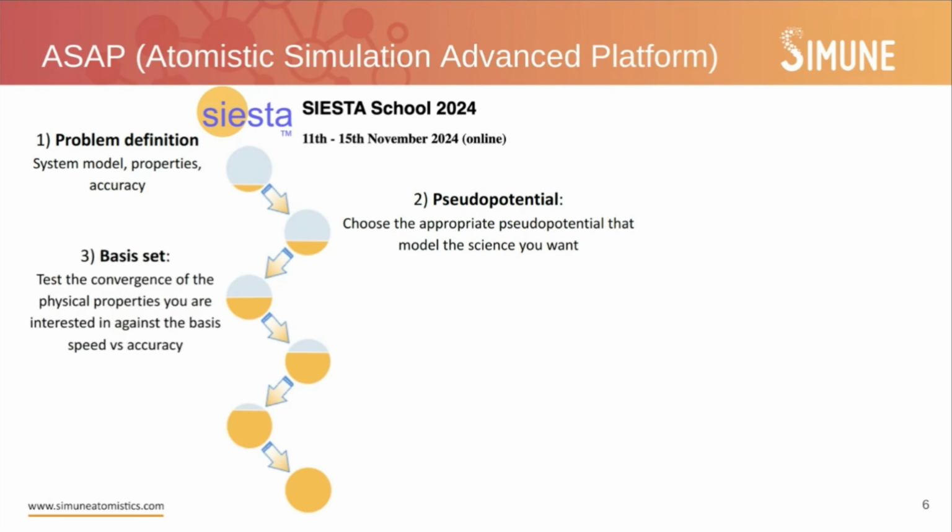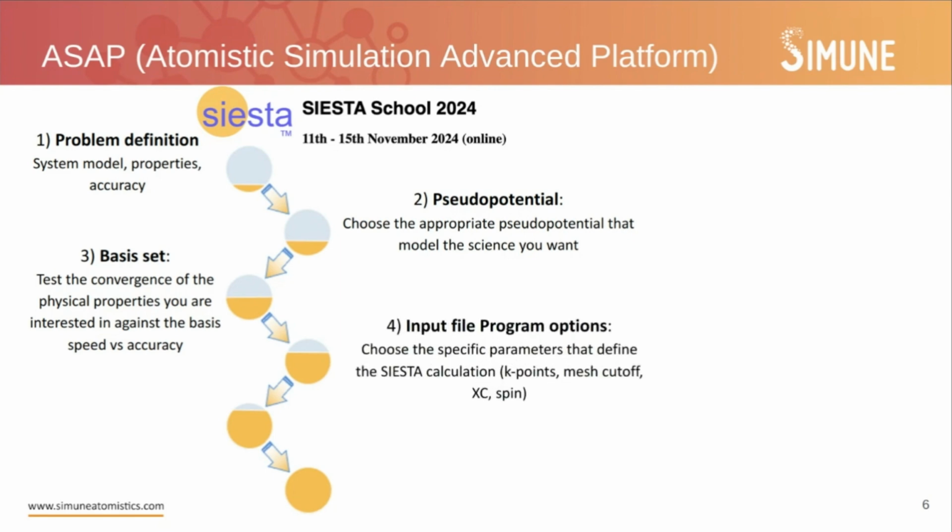Then you have to set up the basis set, which describes the valence electrons in your system. The decision of using one basis set or another gives you more speed or more accuracy in your calculations. So it's a trade-off, and whichever you want to favor, you need to be able to set up this basis set properly.